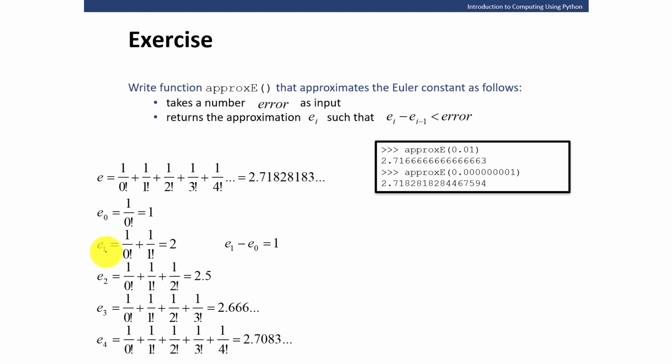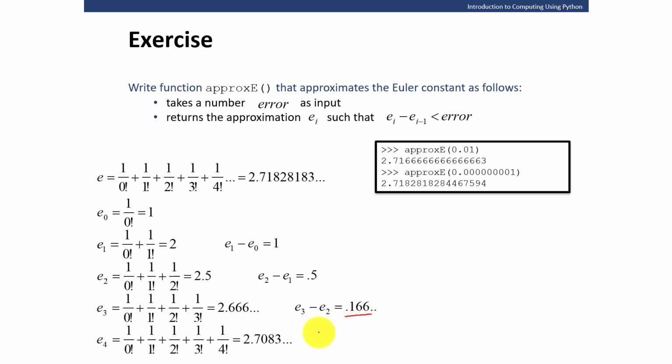In other words, we notice that e1 minus e0 is equal to 1, e2 minus e1 is equal to a half, and now we are getting smaller, smaller, and smaller. The value of that error is shrinking.